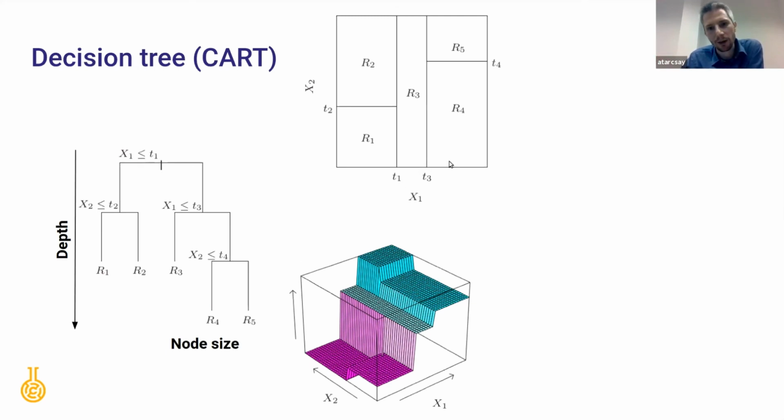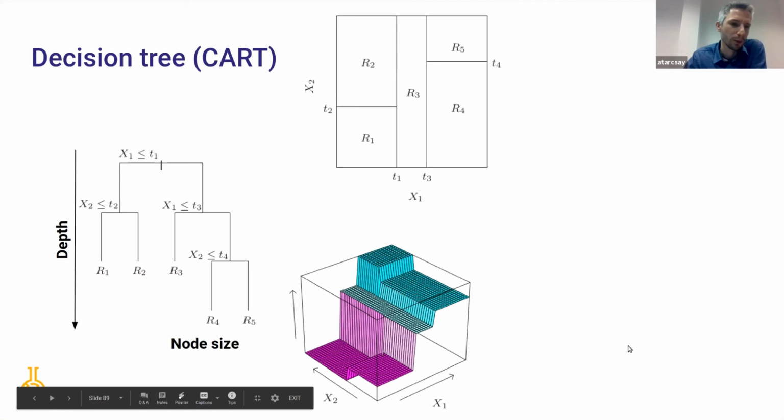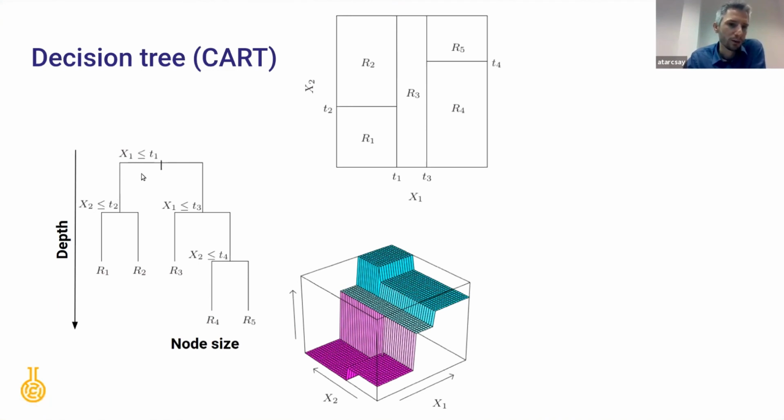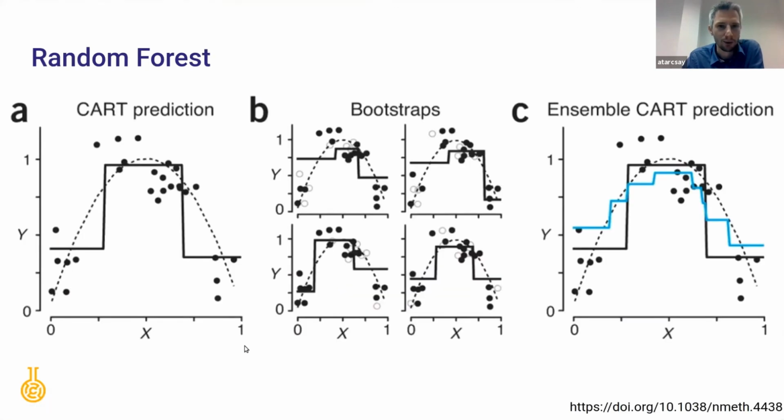So if it is higher than t3, then you can divide by x2 at t4, so you can classify your sample. This is called a decision tree. It's a really simple method, but its simplicity makes it also quite robust. It has two major hyperparameters: the depth of the tree and how many observations should be in one final leaf.